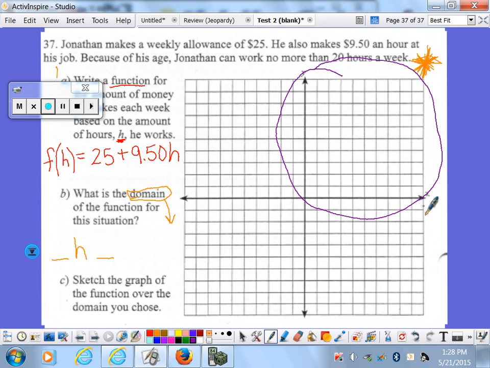So think about what the highest number is that you want to make sure you get up to. And then you can go ahead and start plotting and think about your y-axis as well. What do you want these values to be able to go up to? You will come up with your y-axis scale by thinking of what's the most amount of hours Jonathan could work, and how much money would he make if he worked that most amount of hours, which is actually 20. And that's the highest number you want to reach on your y-axis.